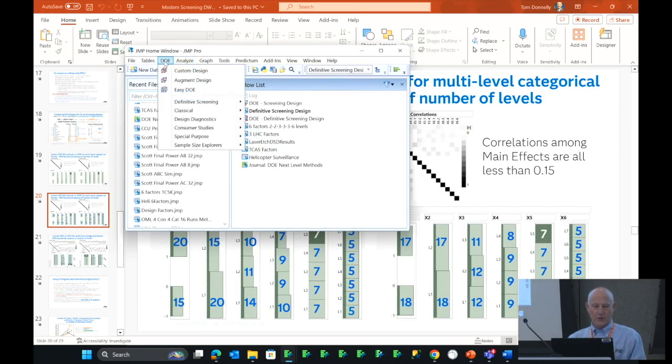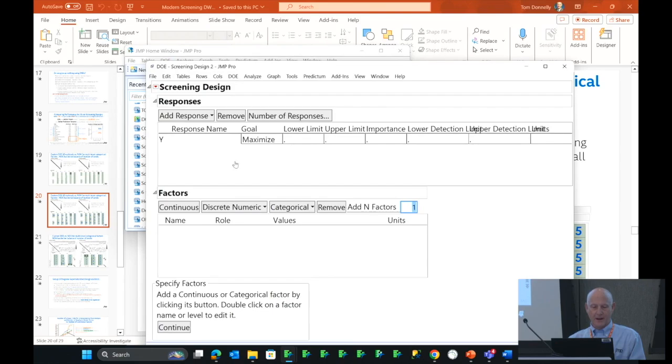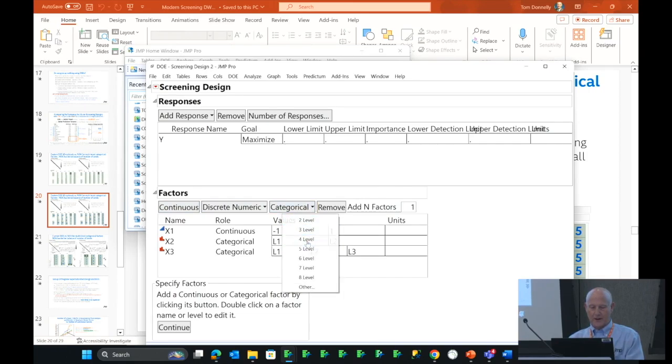So we'll go to DOE, and this time I'm going to go to that classical factor screening design, and I think I had a continuous, a categorical at 2 levels, a categorical at 3 levels, a categorical at 5 levels, a categorical at 7 levels.